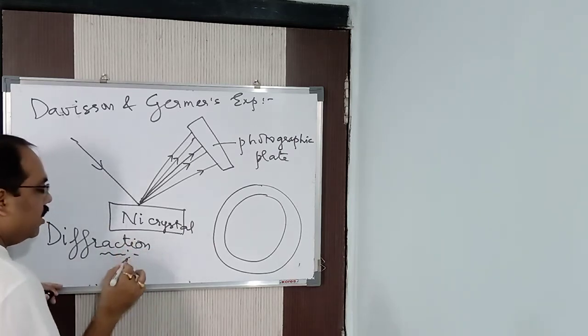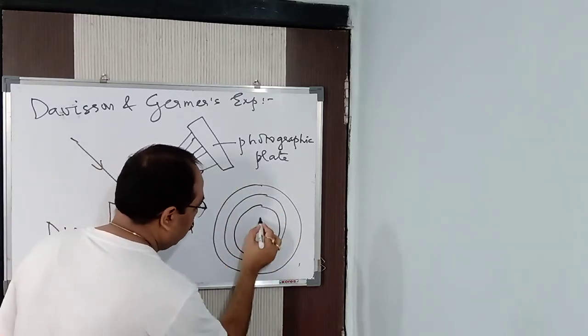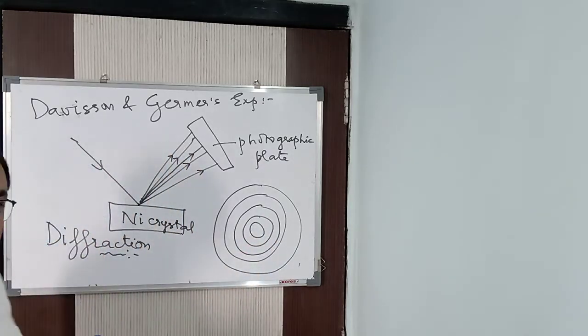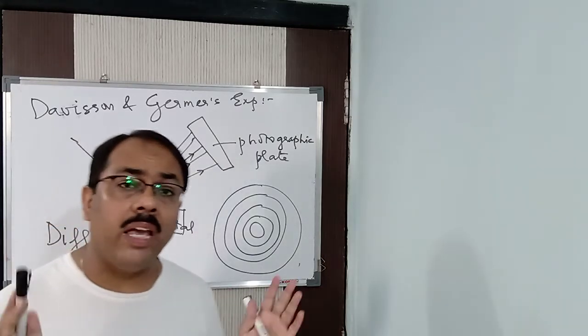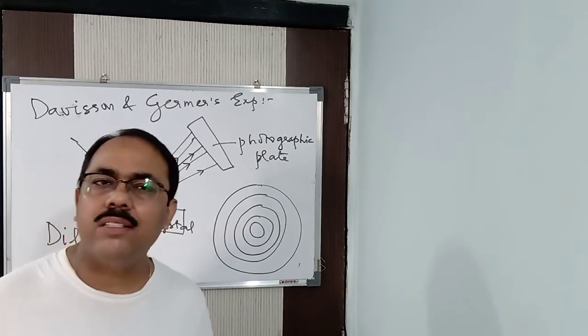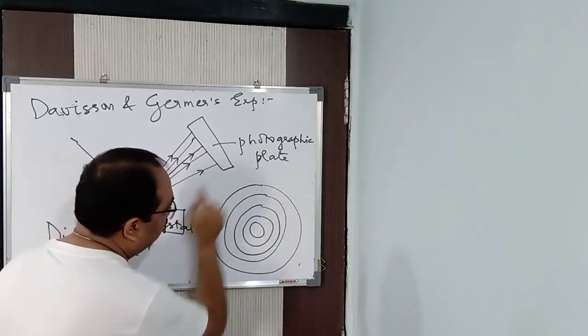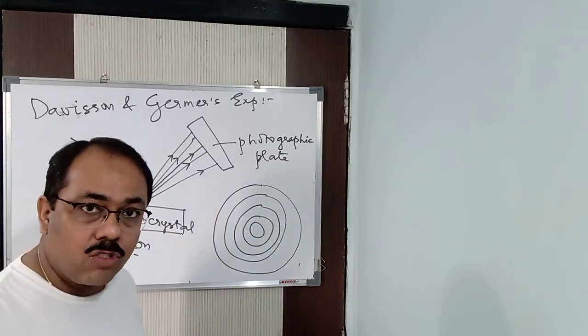This pattern of rings is called a diffraction pattern of the rings. Alright, he got it on the photographic plate. He observed this plate on a powerful microscope, and what he got is nothing but the diffraction pattern. This sort of rings he saw with the help of the microscope.